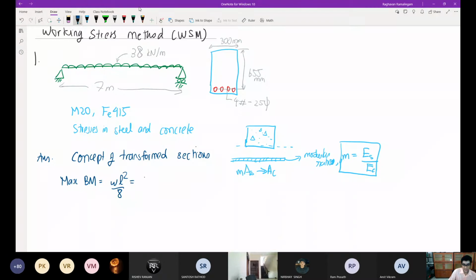So W is in kilonewton per meter, length is in meters, and divided by 8. So what do you get? What is the answer? 232.75. So for us, since this is a design course, let us not worry too much about decimal points. Get the nearest round number. Okay, let's say 233 kilonewton meter.